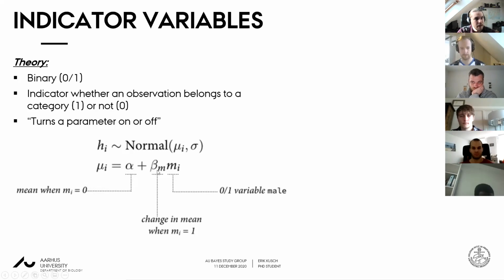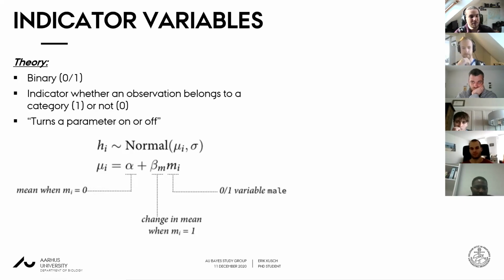Now this brings with it a few problems. The first one that should initially come to mind is that we set a prior for our beta_m, and this means that for our female observations, where we only look at one parameter by itself, alpha, we only have the uncertainty that comes from that. So that's the only source of uncertainty for our predictions of height of females.